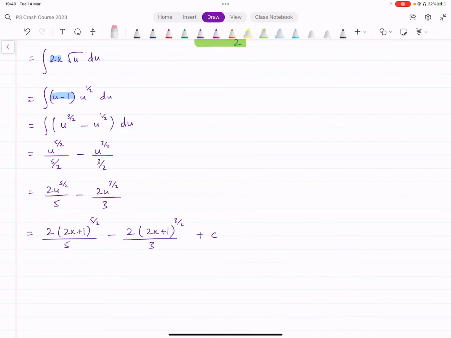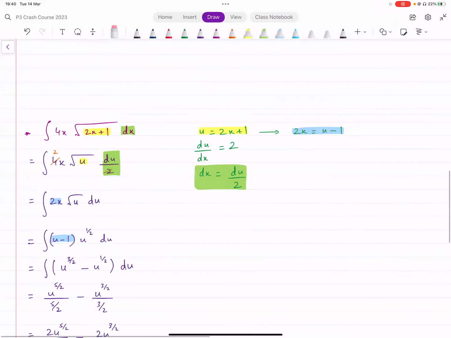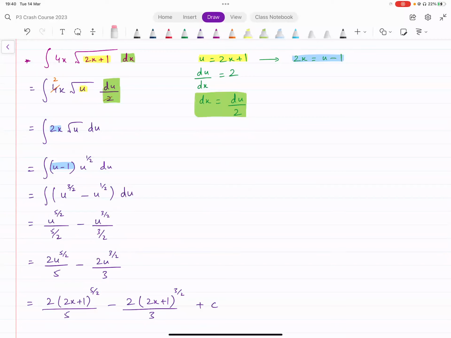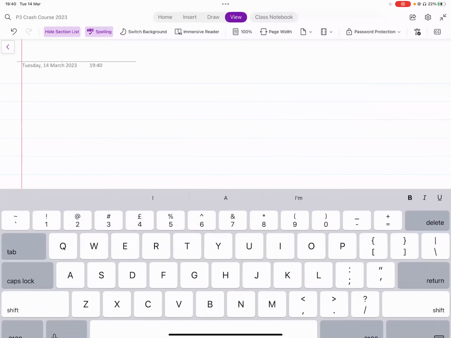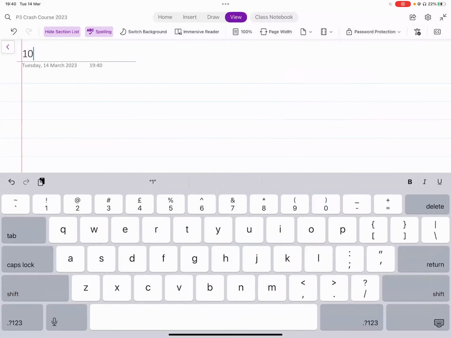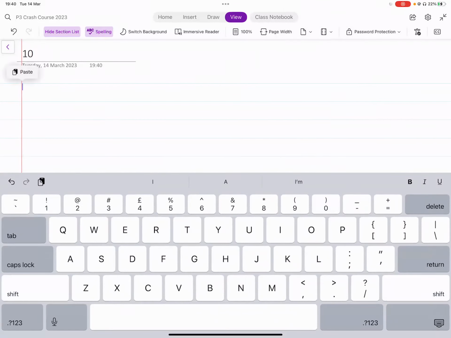Sometimes what happens is they give you limits with that integral and they ask you to evaluate that integral. So find some value of that at the end, not an expression like this. They want you to evaluate that definite integral that has limits with it. So this is one type of that question. This is question number 10 from the worksheet. Let's have a look at this and see what we do with those limits.